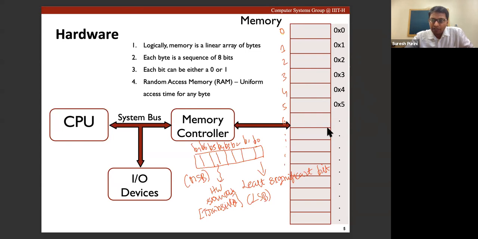MSB is always to the left. That's true. Yeah, light bulbs. Ronak said light bulbs. When you switch on a light, LED, let's say you can use 8 LEDs, and if an LED is up, then it means it's 1. If you don't supply power to it, it is 0.